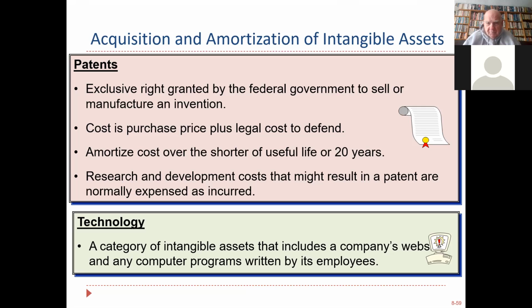And he got from the government a nice diploma looking thing, and he can hang it on his office wall. But guess what? Apple cannot put that patent on their balance sheet. They can't amortize it. And the reason for that, only a company that purchases a patent from another company gets to amortize it. And I'll explain why.